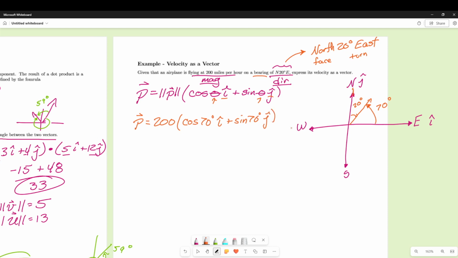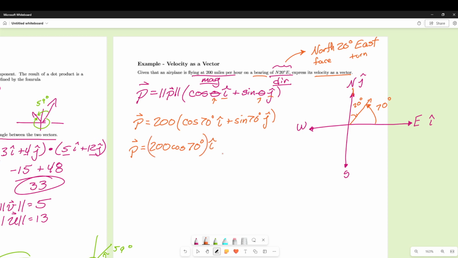So that's our trigonometric form for our vector. And that's, express velocity as a vector. That's our velocity as a vector. But if we were going to add wind or do other mechanics with it, it would probably be nicest to have it in component form.